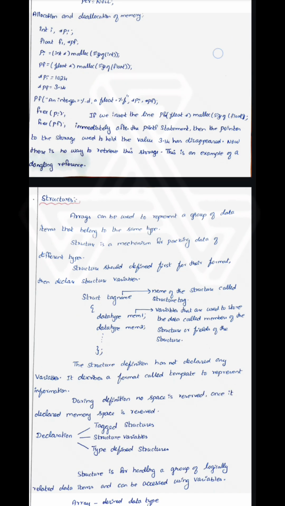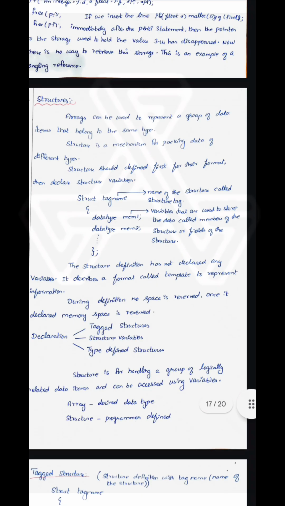If we insert the line pf = malloc of float immediately after the printf statement, then the pointer to the storage used to hold the value 3.14 has disappeared. Now there is no way to retrieve the storage. That is the dangling reference.